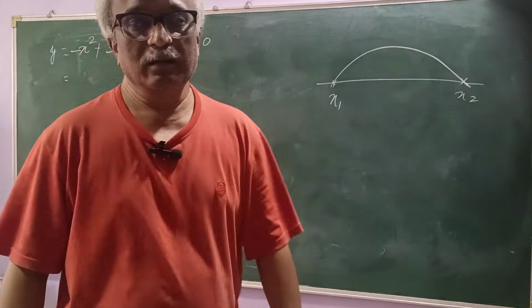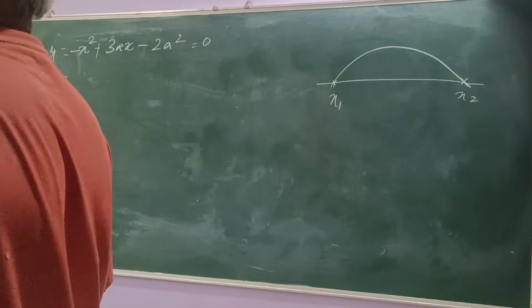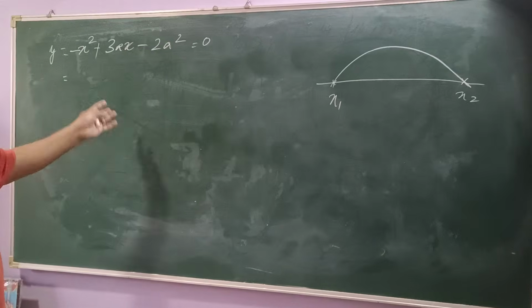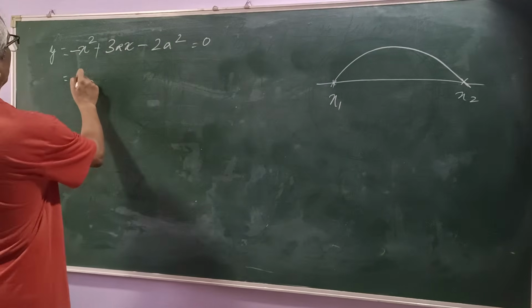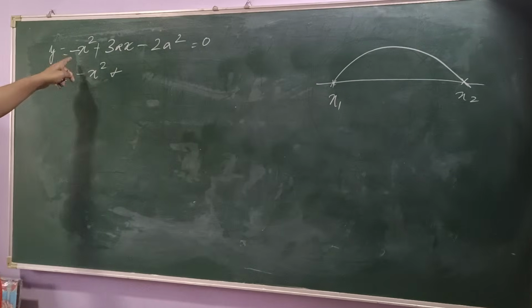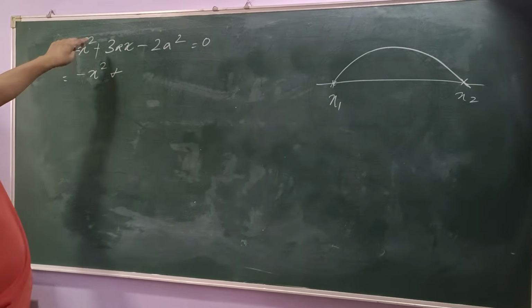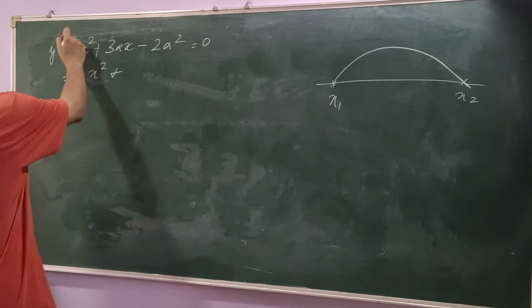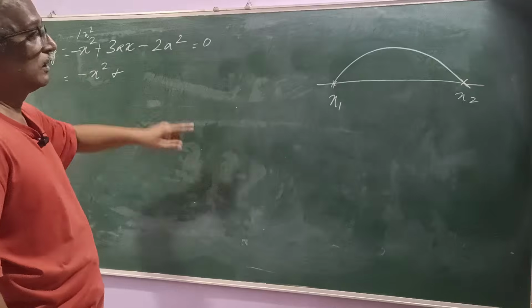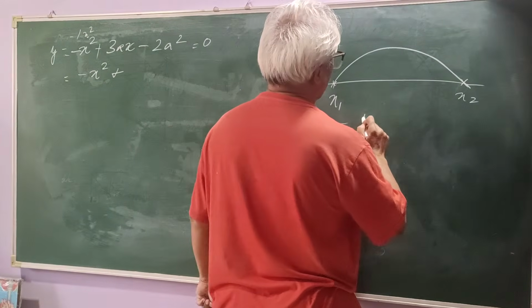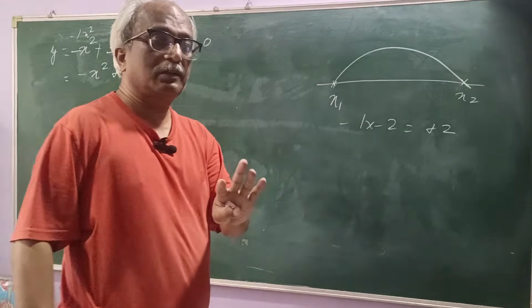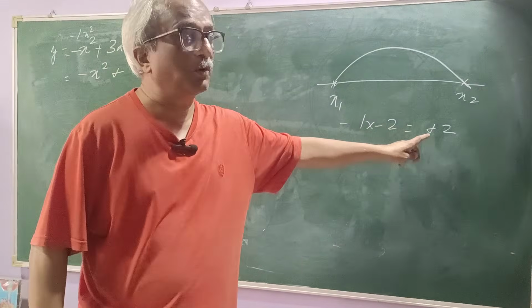Yeah. So now we know that we can split the middle term. So it will be negative x square plus, now I want factors. Minus x square, the coefficient is negative 1. So I want negative 1 into negative 2 is positive 2. I want two numbers. When I multiply, I should get positive 2.